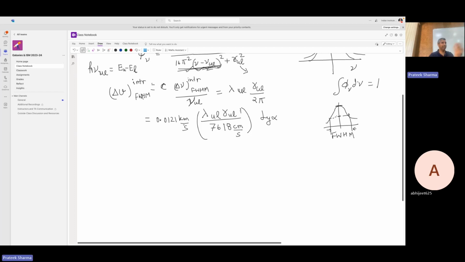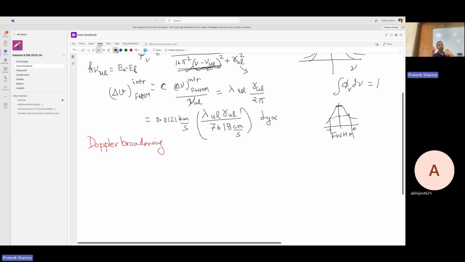So this was the intrinsic line width, but as we heard, there is something called Doppler broadening. In a general distribution of plasma, you have atoms and ions moving at different velocities, like a Maxwell-Boltzmann velocity distribution. In that case, the atom will absorb and emit at a wavelength which corresponds to the transition in its own rest frame.